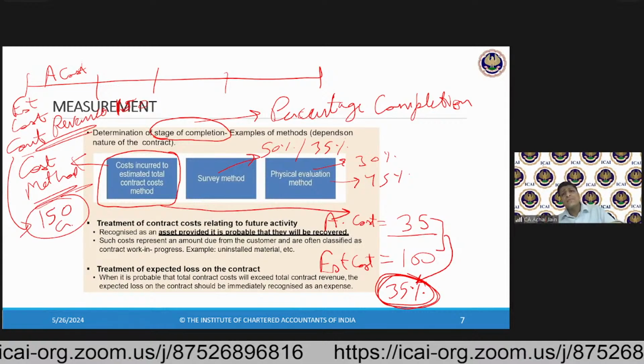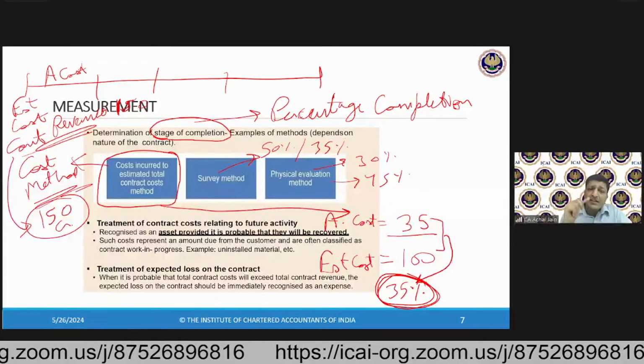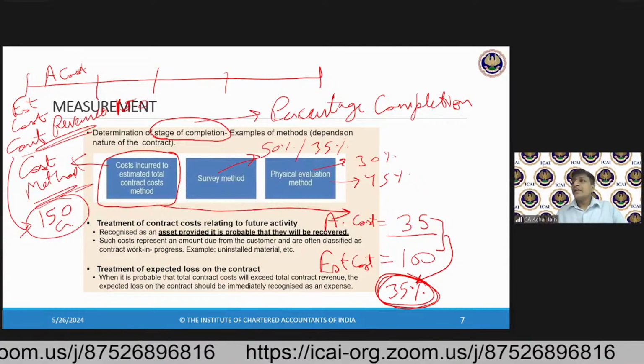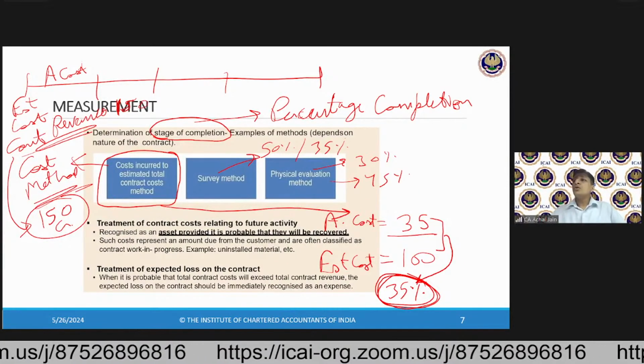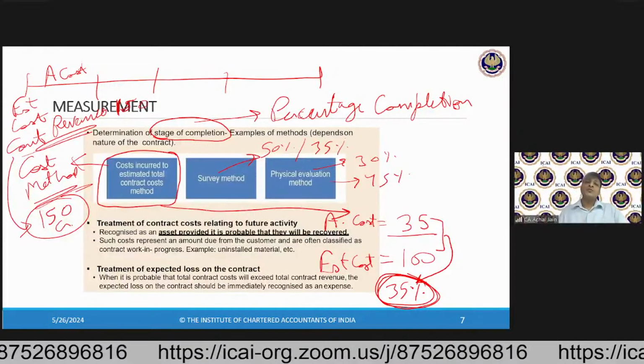So now, can you tell me what is the amount of revenue which the company will recognize in year one? Over to you, quickly.